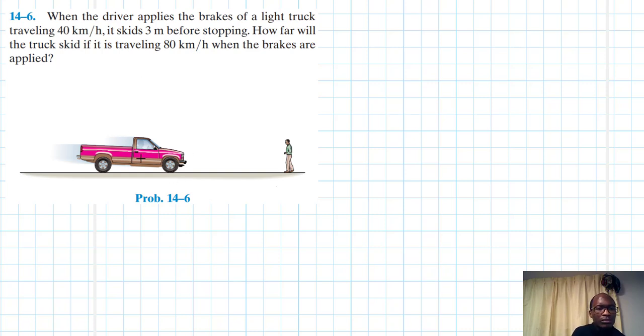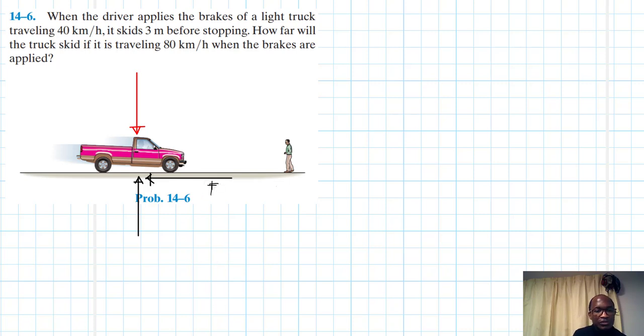So let's say we have the wedge, and then we have the total normal force. Since the brakes are applied and the vehicle begins to skid, we expect the friction force to be in this direction.